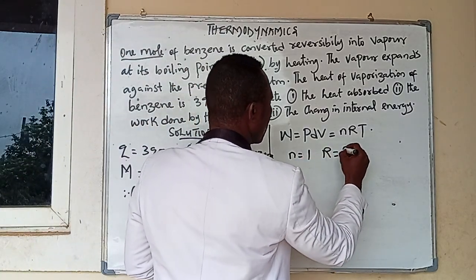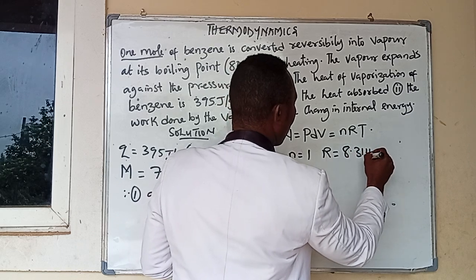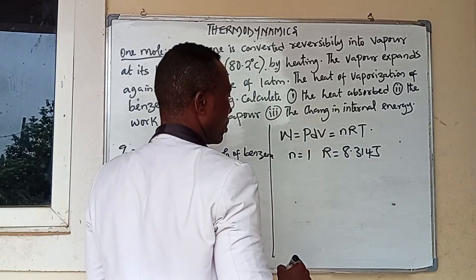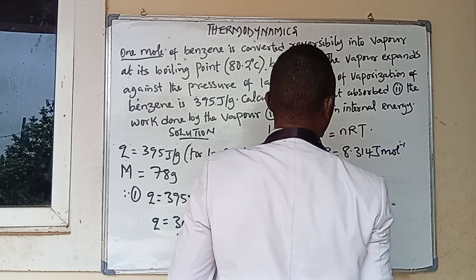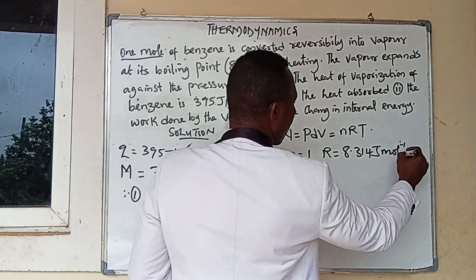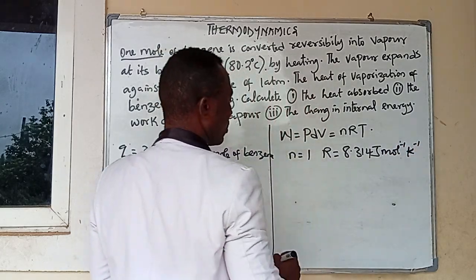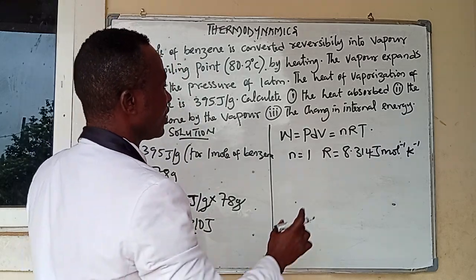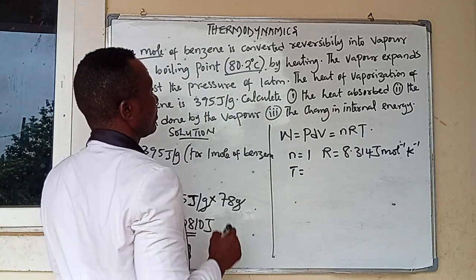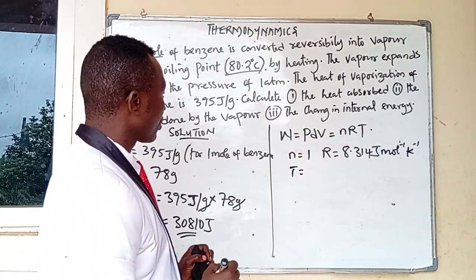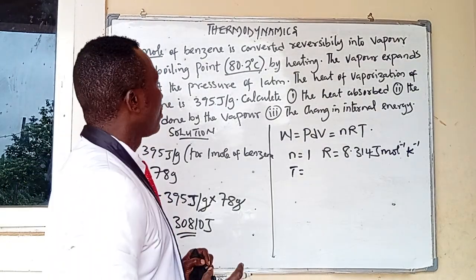R is a constant, which is 8.314 joules per mole per Kelvin. Then the temperature given to us, T, is 80.2 degrees Celsius, but we have to convert it to Kelvin.